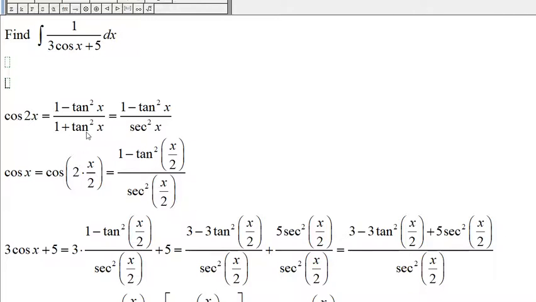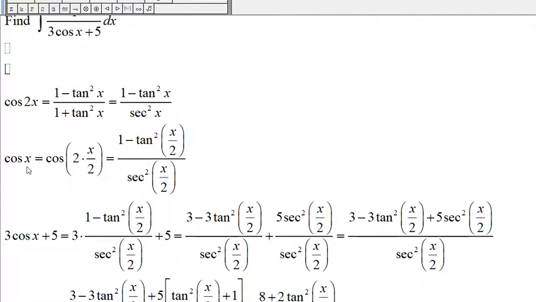But 1 plus tangent squared of x is secant squared of x. This is for cosine of 2x. And so cosine of x can be written as cosine of 2 times x over 2. So when there's 2x here, we get x, x, x, x.